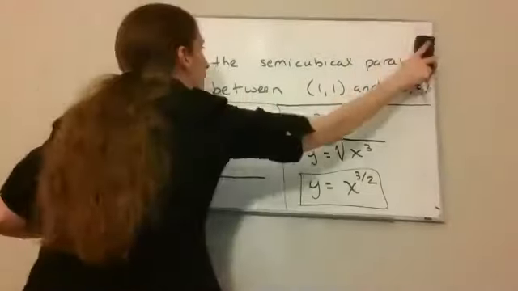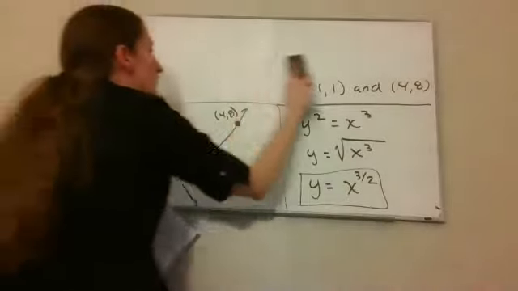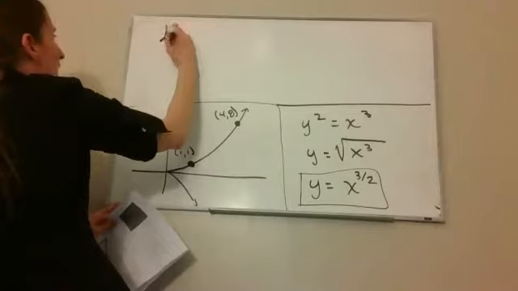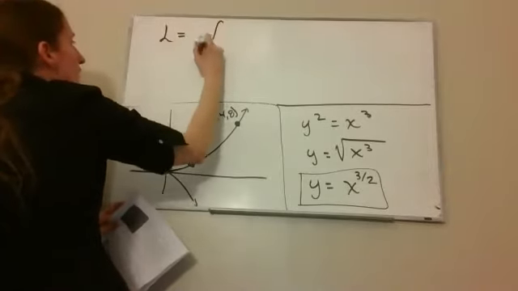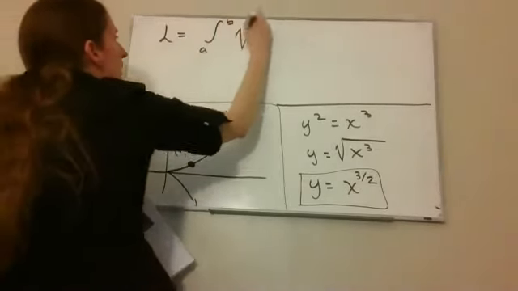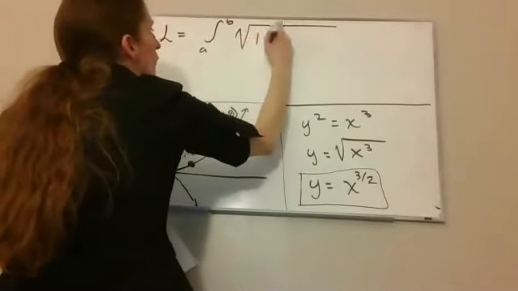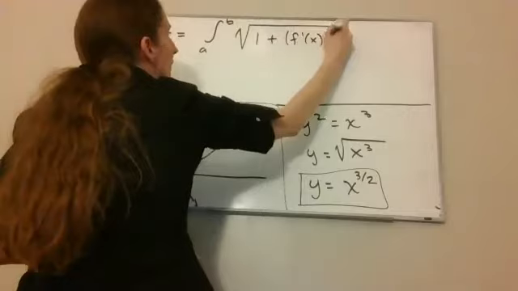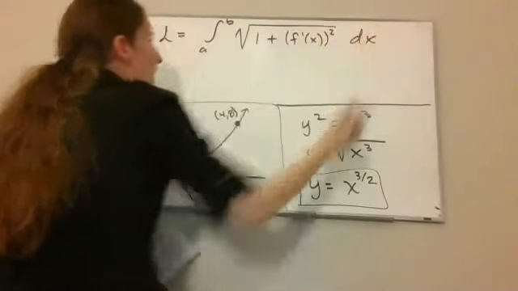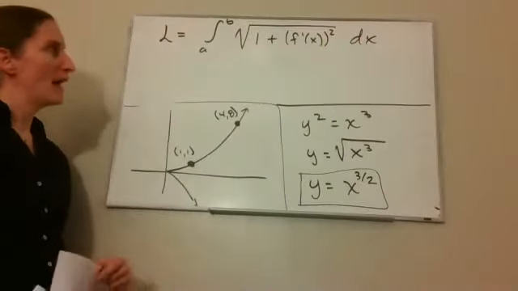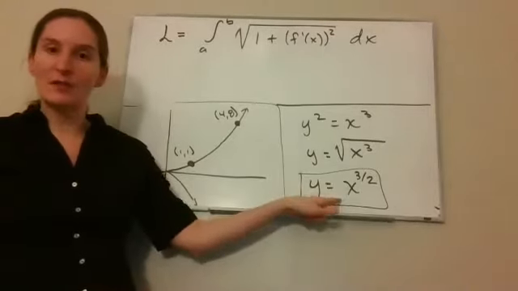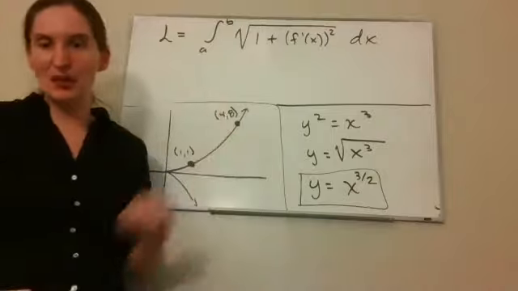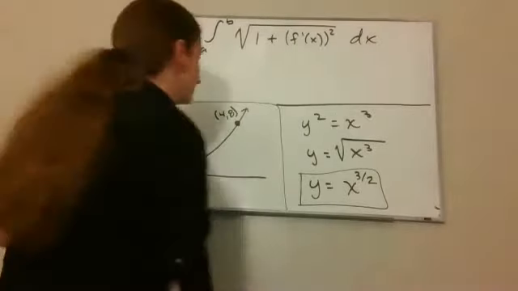Now, the arc length formula involves the derivative of our function. So remember, the length is equal to the integral from a to b of the square root of 1 plus the derivative of our function squared with respect to x. So my f of x in this problem is going to be x to the 3/2, and I need to find the derivative of that to plug into this arc length formula.